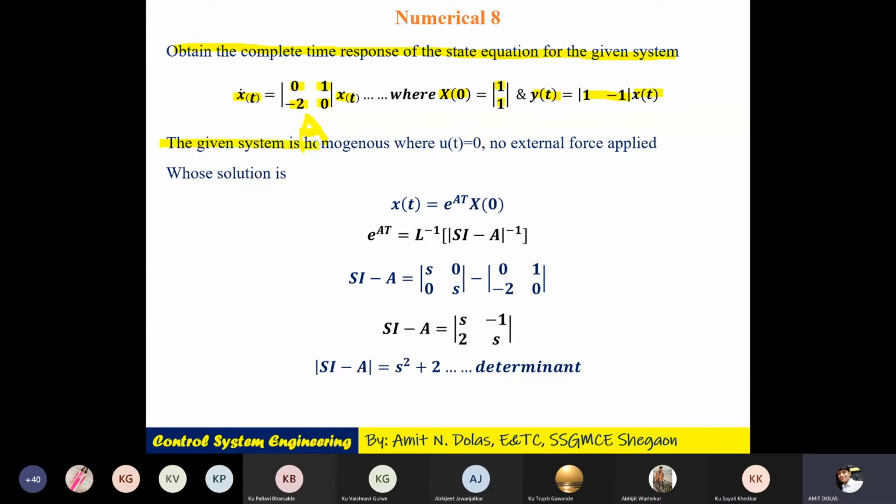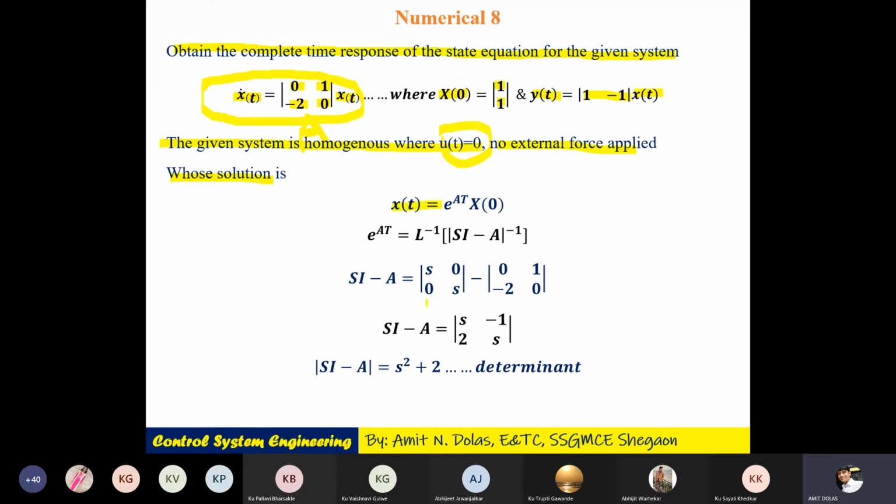So the given system is homogeneous where u of t is equal to 0. No external force is applied, whose solution is, you can see in this equation. What is this? x dot is equal to A into x, where the Bu term is not there, so u is 0. Therefore, we'll go for x of t.